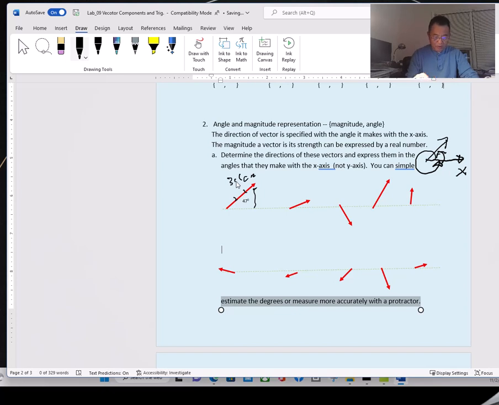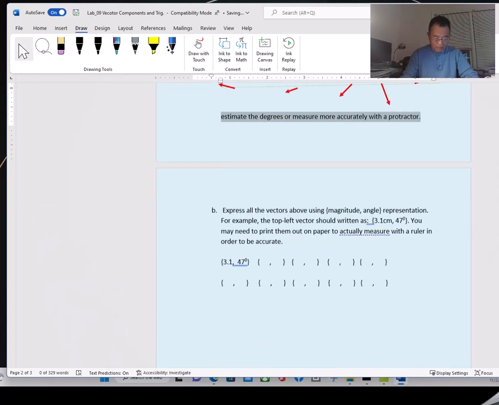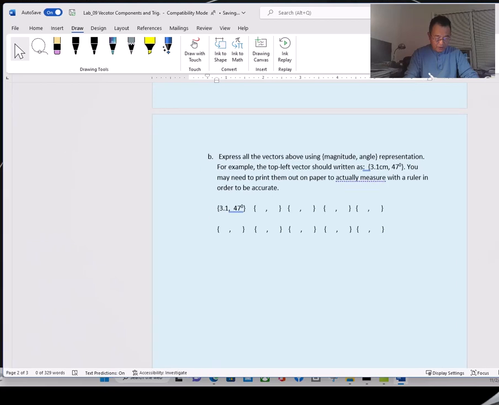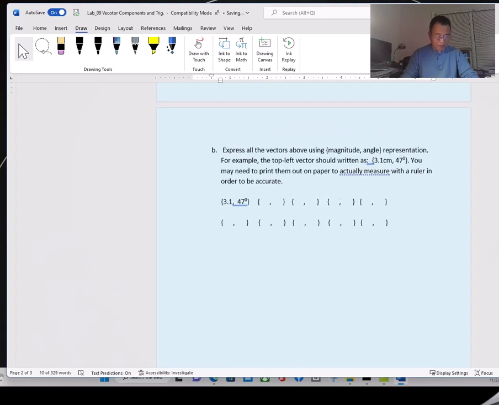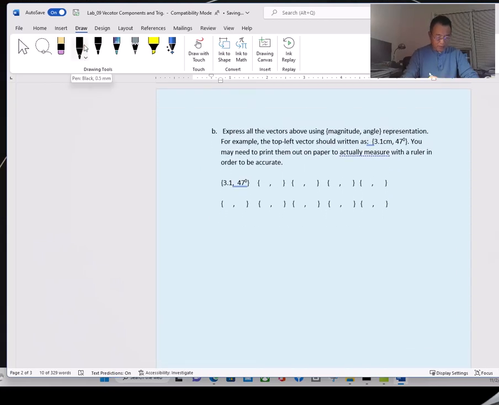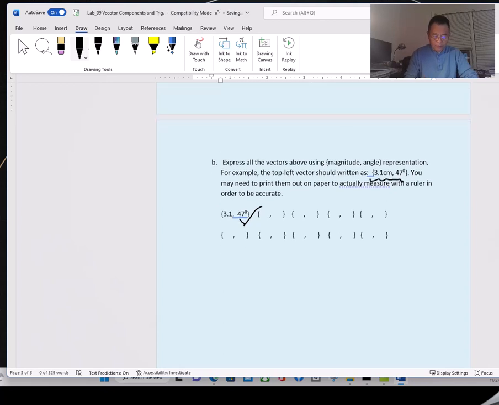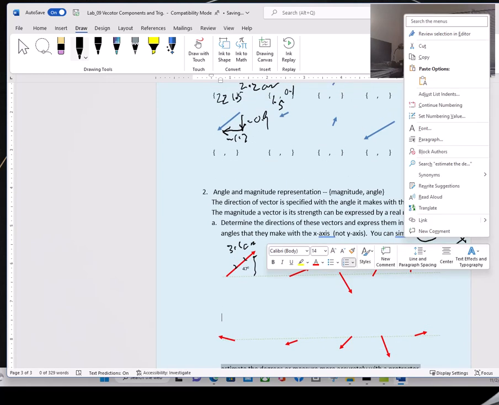So I write here. I have done the first one: 3.1 is the magnitude, and then 47, as I have written here. So that is the first one.